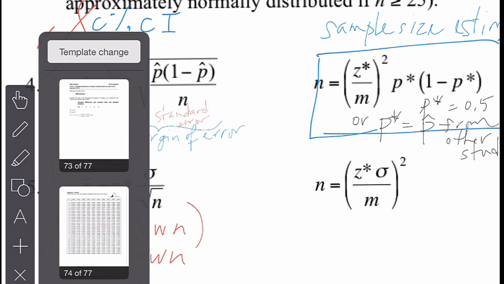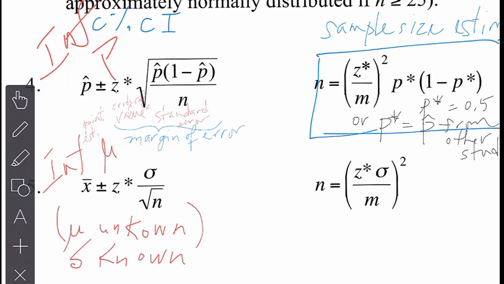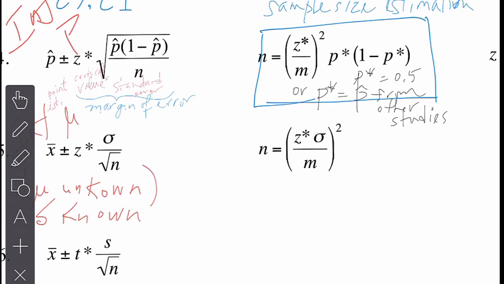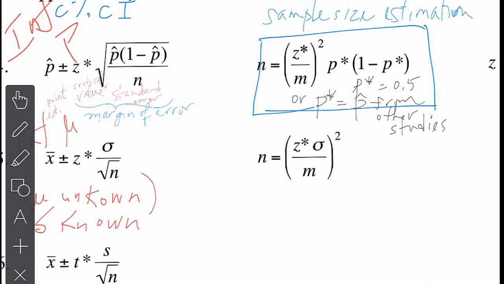Let's go to the next formula. So this next formula is about sample size estimation. So let's say before we start a study, we need to collect a sample. We need to know what size sample we should collect. What size of the sample should we collect?